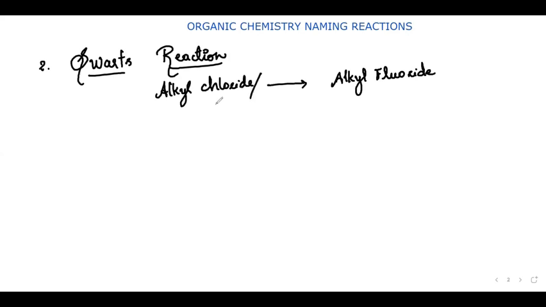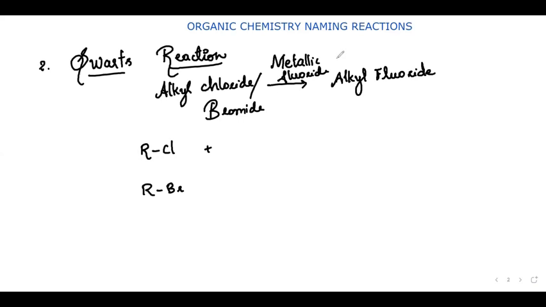The Cl or Br group will be replaced by this method. RCl or RBr is treated with a metallic fluoride, which is a source of fluorine. Using a metallic fluoride, we can bring about this transformation.